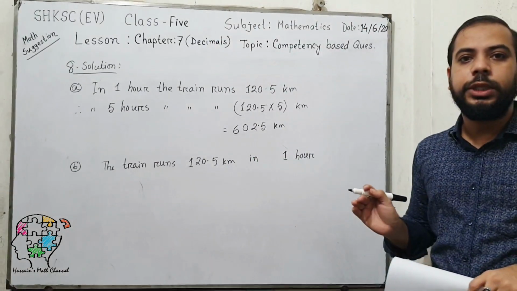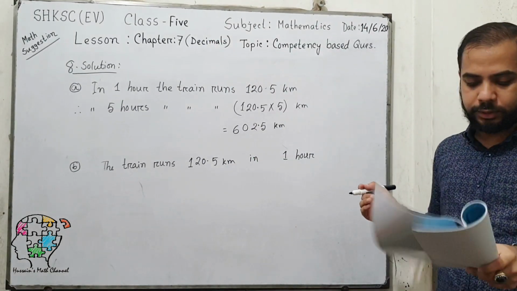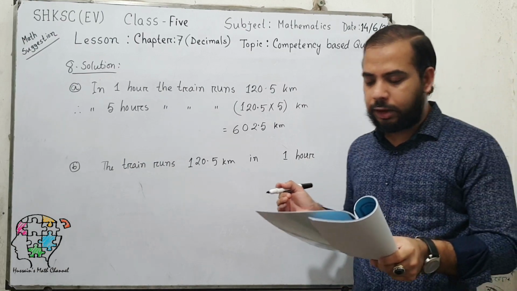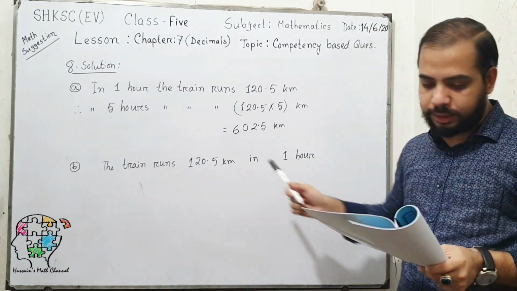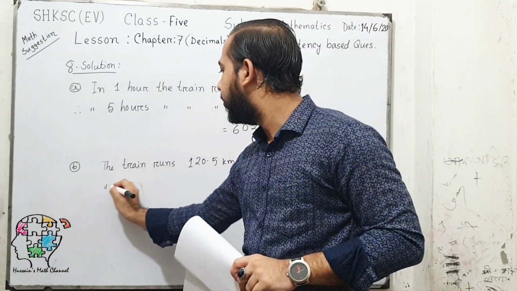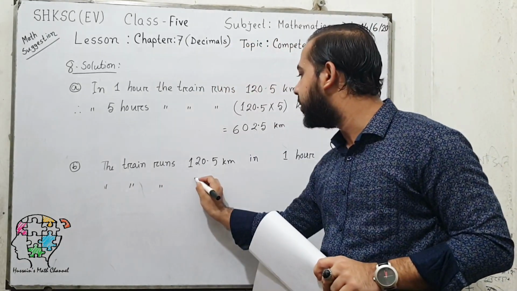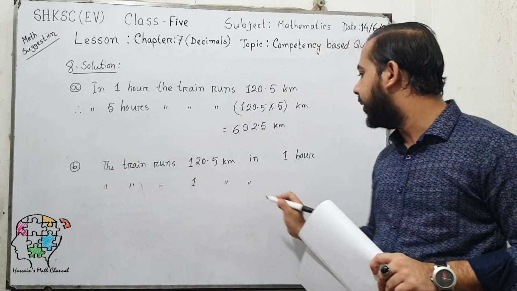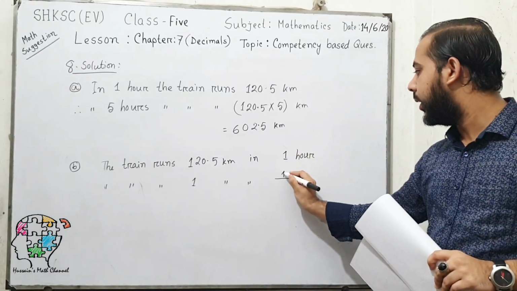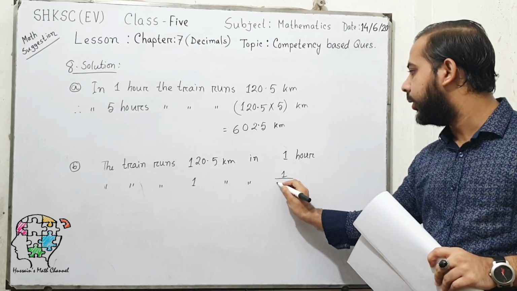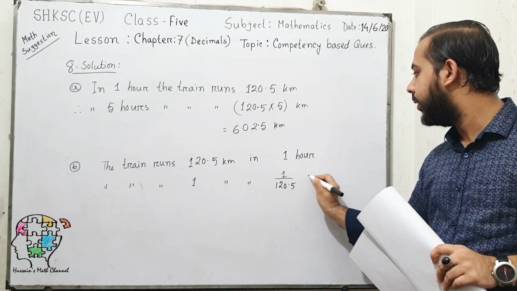Now we will use the unitary method, because we have to find out how many hours it will take to run 361.5 km. At first, the train runs 1 km in, so for 1 km it will be a division: we write 1 in the numerator and 120.5 hours in the denominator.